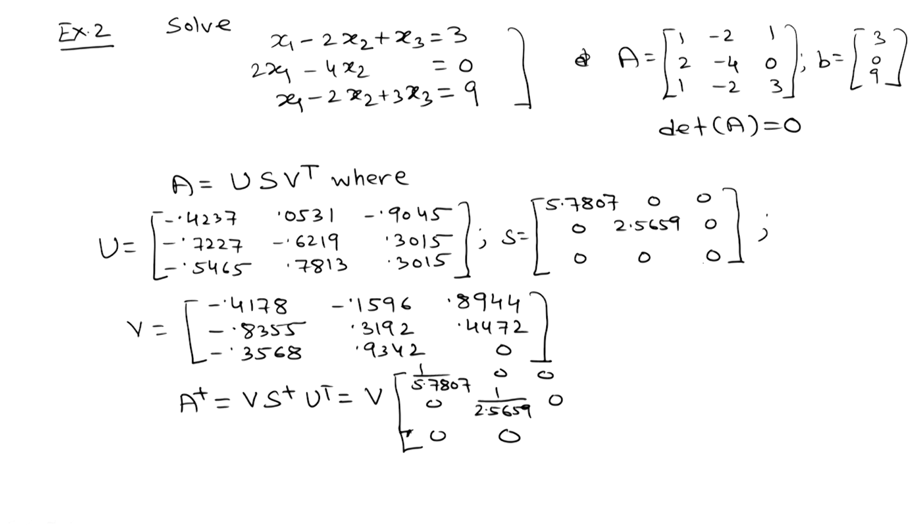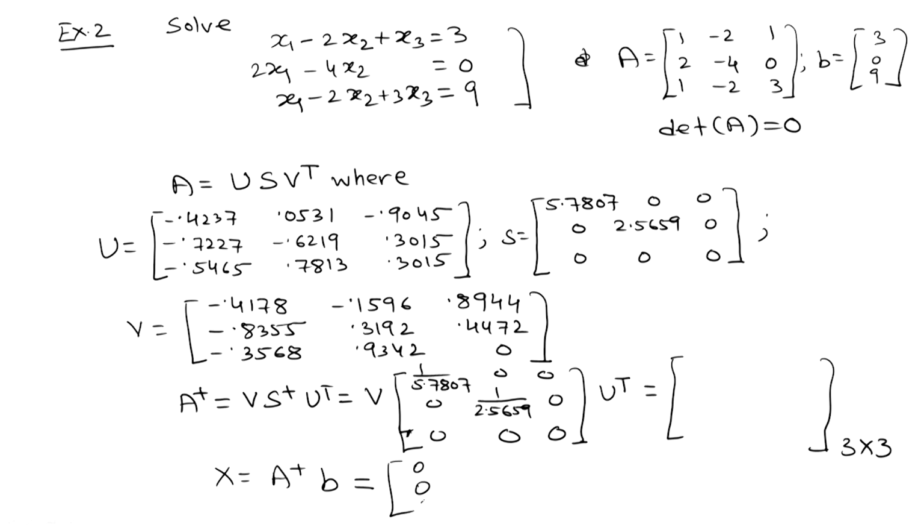So, as I told you, for writing the S plus, 1 upon 0 will be replaced by 0, into U transpose, and this matrix will be a 3 by 3 matrix, and then the solution is given as x equals to A plus B, which comes out to be 0 0 3.